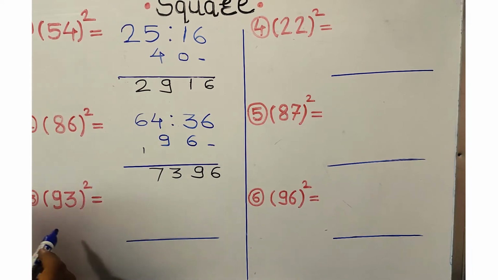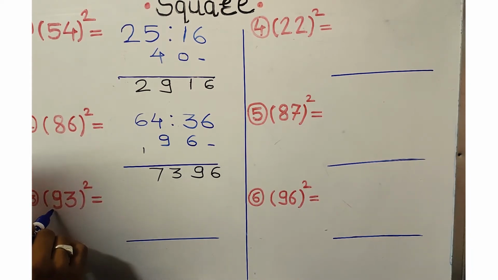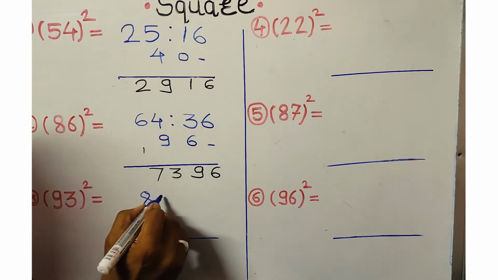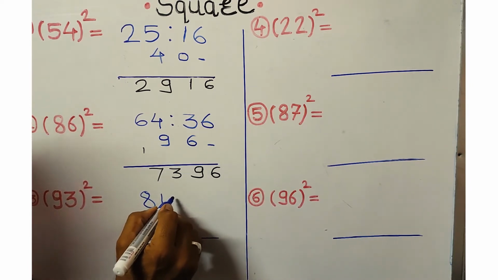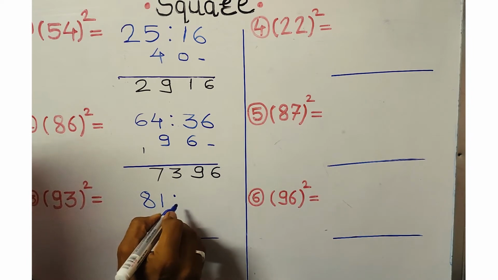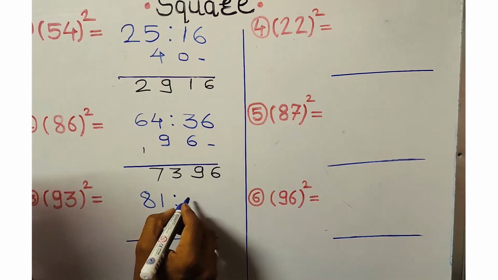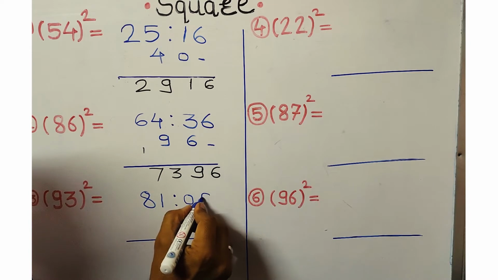See another example, 93. Square of 93. In this, the square of 9 is 81. Write two dots. Now write down the square of 3, that is 9, but write 0, 9.